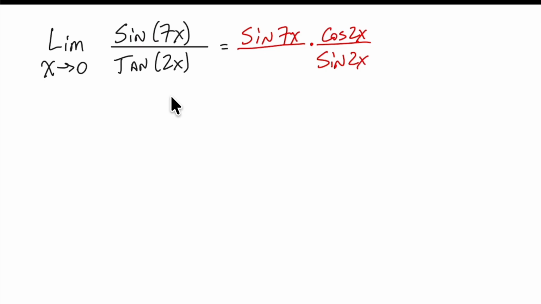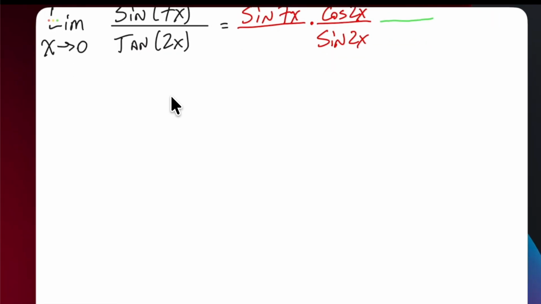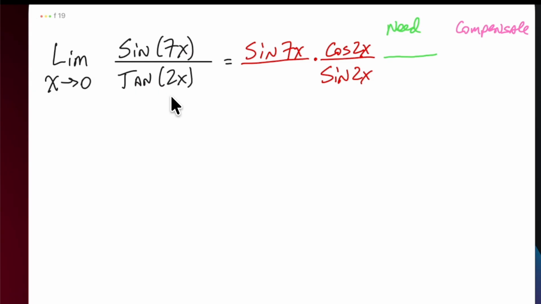Okay, now here's what we need. And here in pink is how we're going to compensate. Okay, so looking at this first sine of 7x, we need a 7x in the denominator. So we're going to compensate by putting 7x in the numerator.